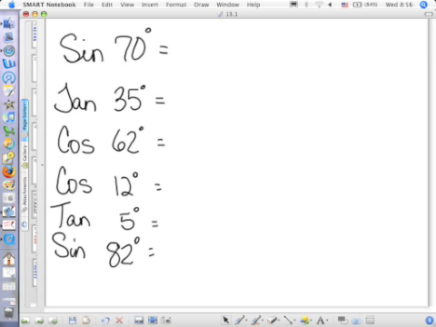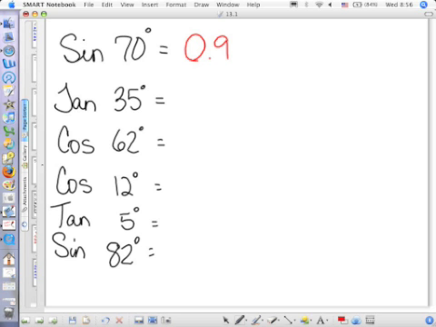All right, so very quickly, I want us all on our calculators to find the sine of 70 degrees. Round to the nearest tenth. You should have 0.9. You don't have to write all this down. You already have this in your notes from the other day.